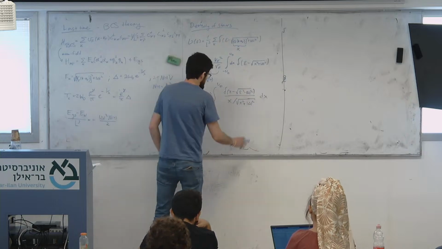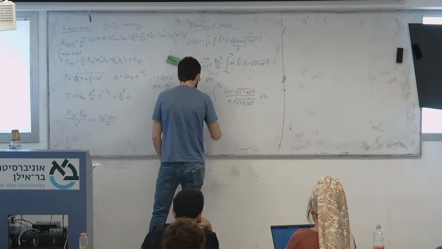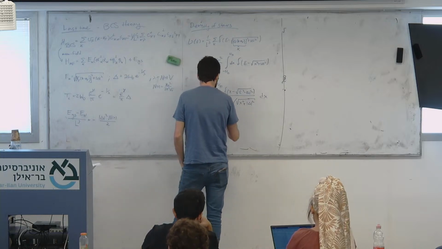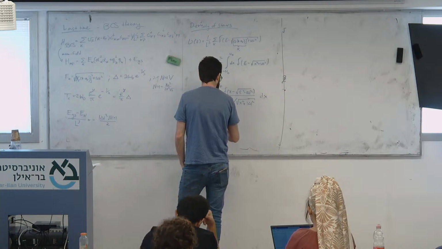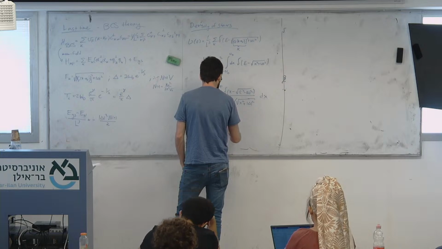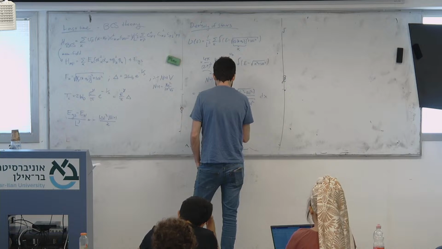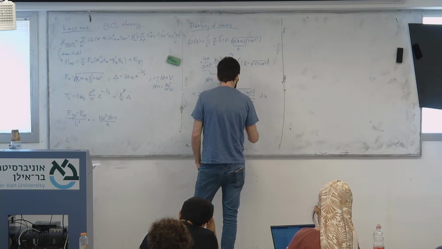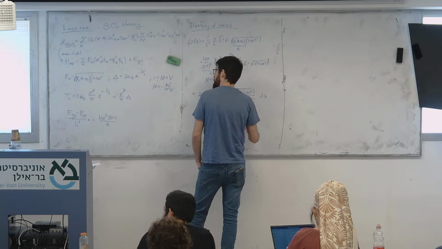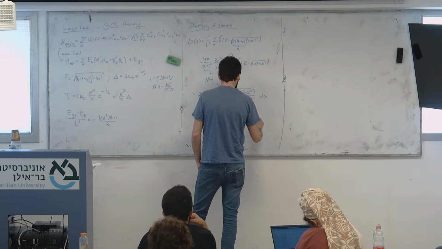Then we just substitute and we get 2 times N of 0 times epsilon divided by square root of epsilon squared minus delta squared, times theta of epsilon minus delta.